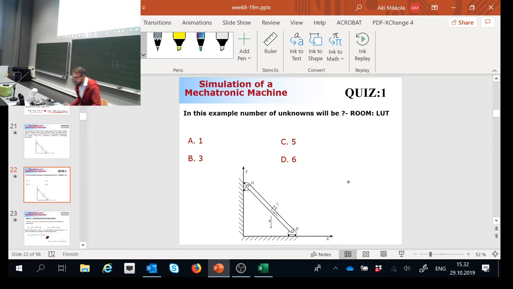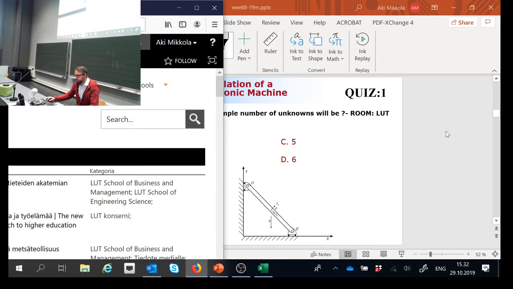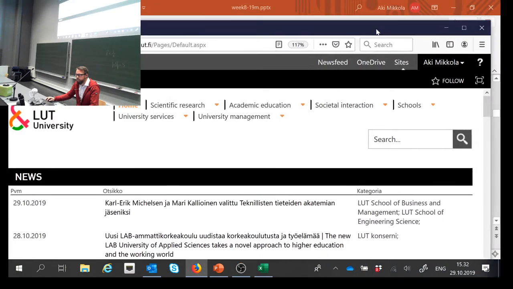Now let me put the Socrates on, just a second. What was that? Oh yes, it's going to be this method based on substitution. Hold on, my Socrates is not yet set, so let me put it on. Oh, no, here.